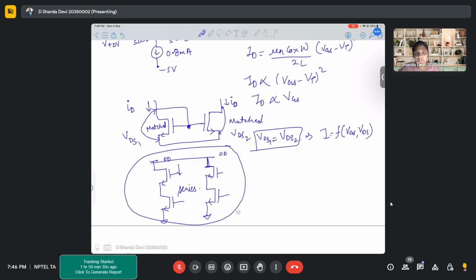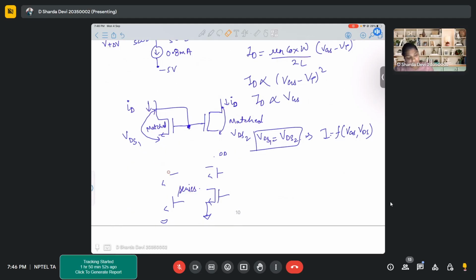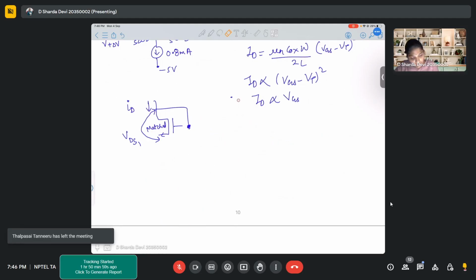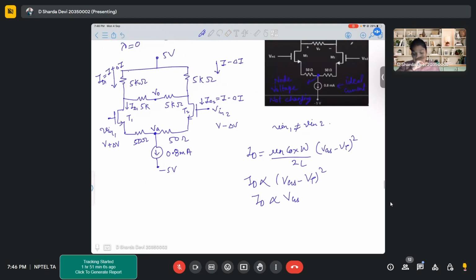Correct? So the basic idea of series and parallel that we use in normal circuit analysis is what is used in the case of transistors as well. Hope this is clear. Yes, ma'am. Okay. So where were we? We were talking about this matching, right?